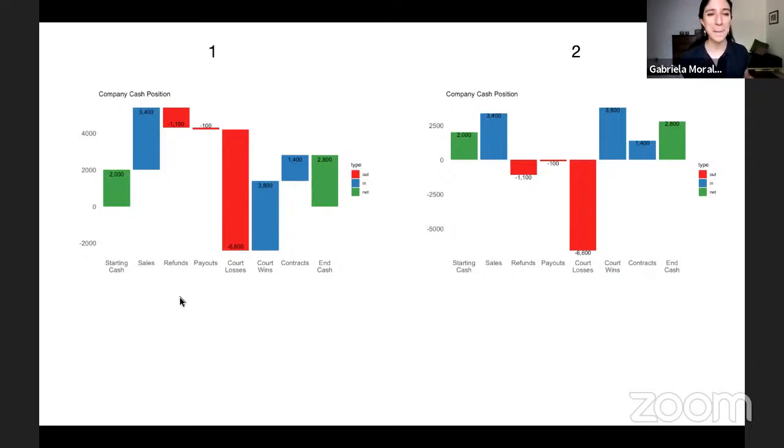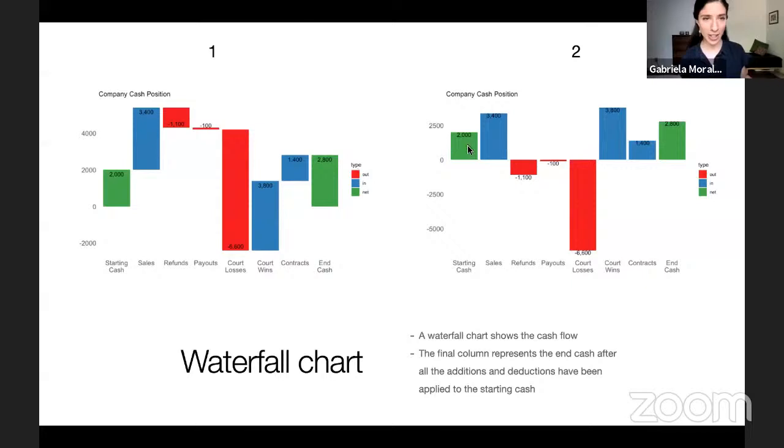Stephen knows this kind of chart. It's called a waterfall chart, and people use it with these kinds of categories. I think it's even nicer when it's used over time, so you can see how the money goes down and up.